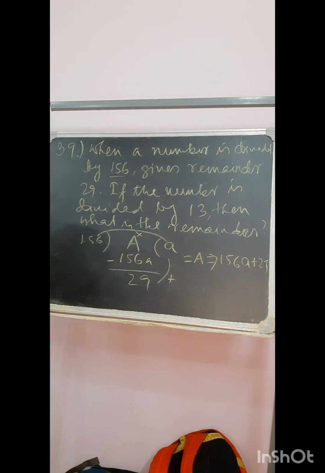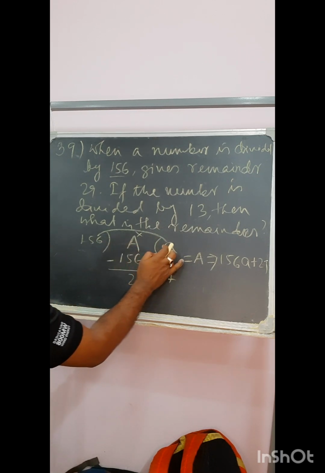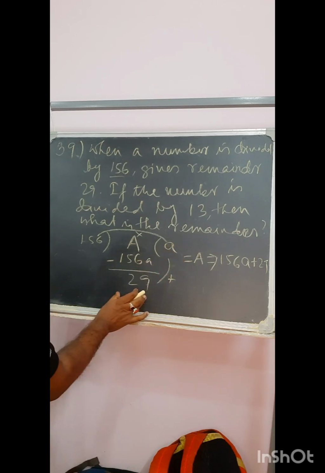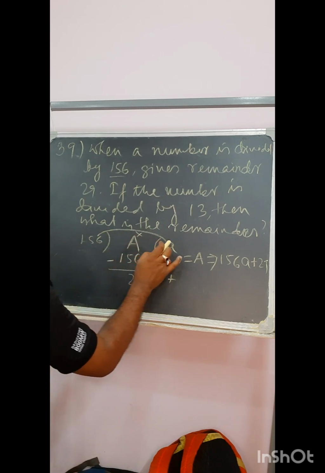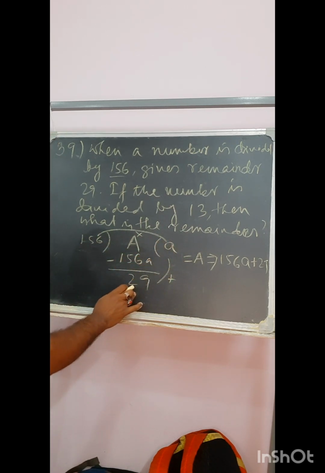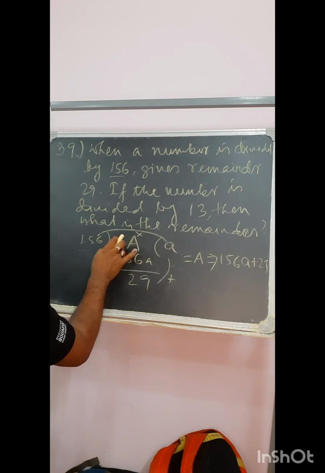Okay, so this is very simple, the concept of division. If something is divided by some number, I will definitely get a quotient and a remainder. So the number will be divisor into quotient plus remainder, which is the dividend.